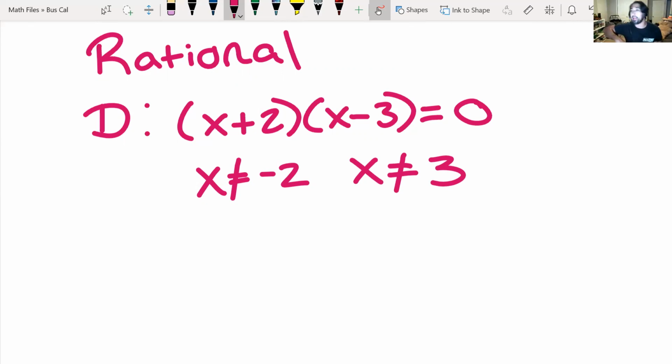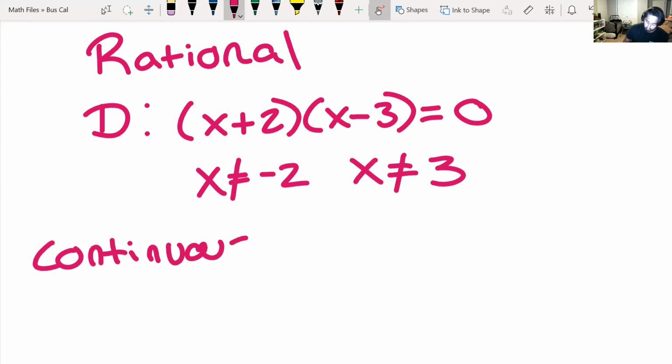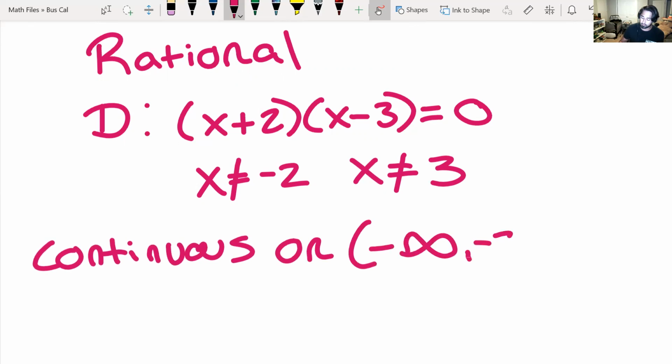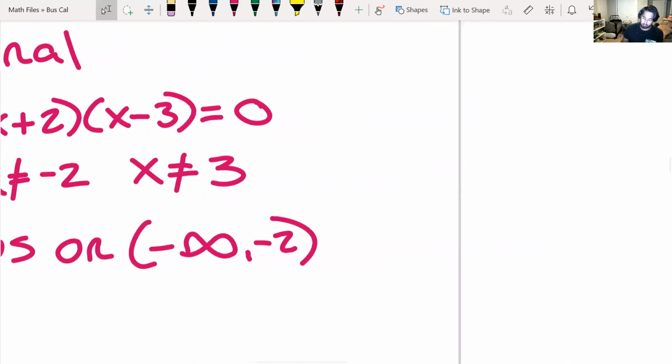So what we say in continuity terms is continuous on -infinity to -2. Oh, running out of room.